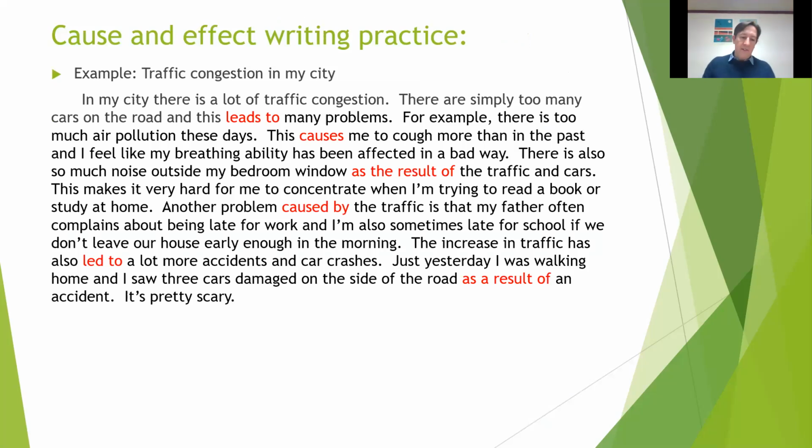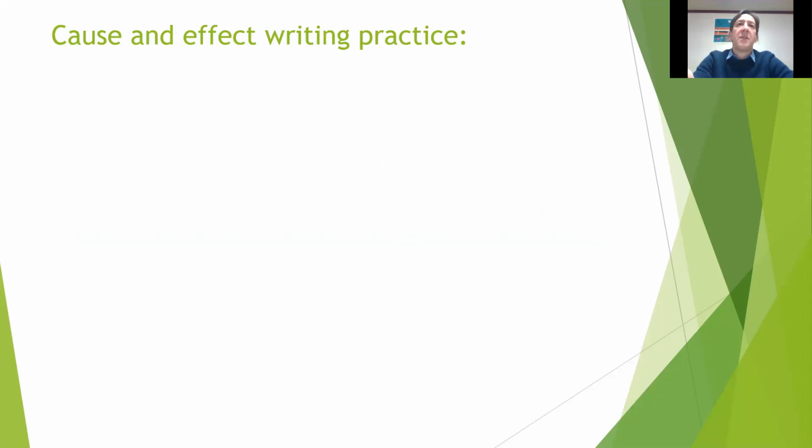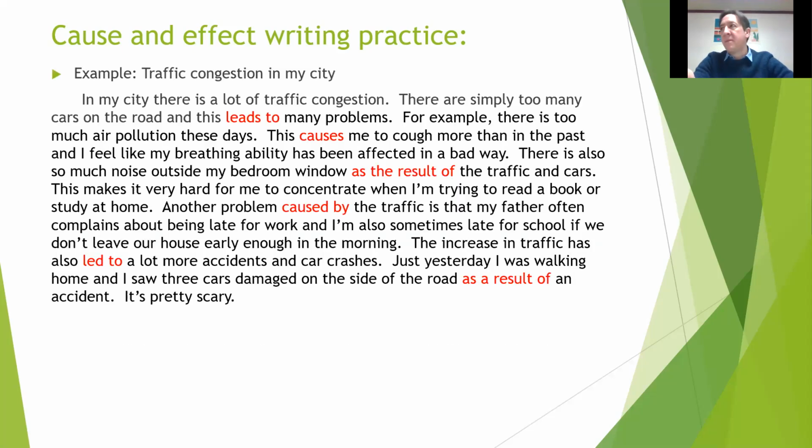Right, now I have made a cause and effect writing practice here. Now you don't have to do this if you don't want to. It's not an assignment. It's just writing practice. So let's just look at my example. Traffic congestion in my city. So this is a paragraph that I wrote.